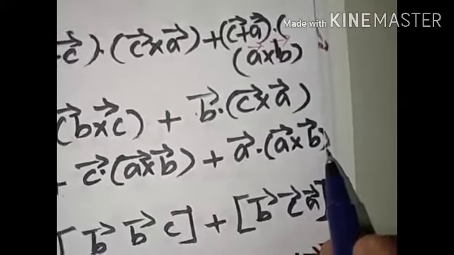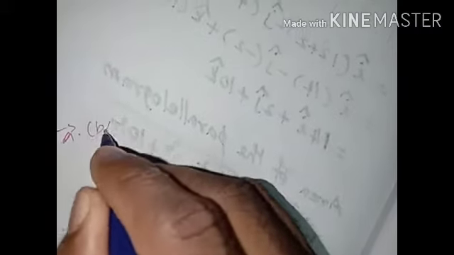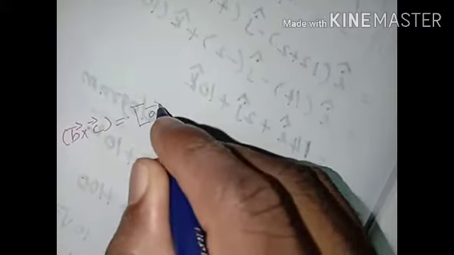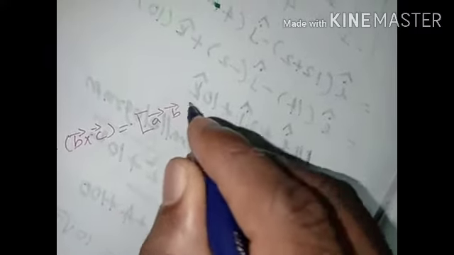Now the triple product a dot b cross c is equal to the box product of a, b, c.